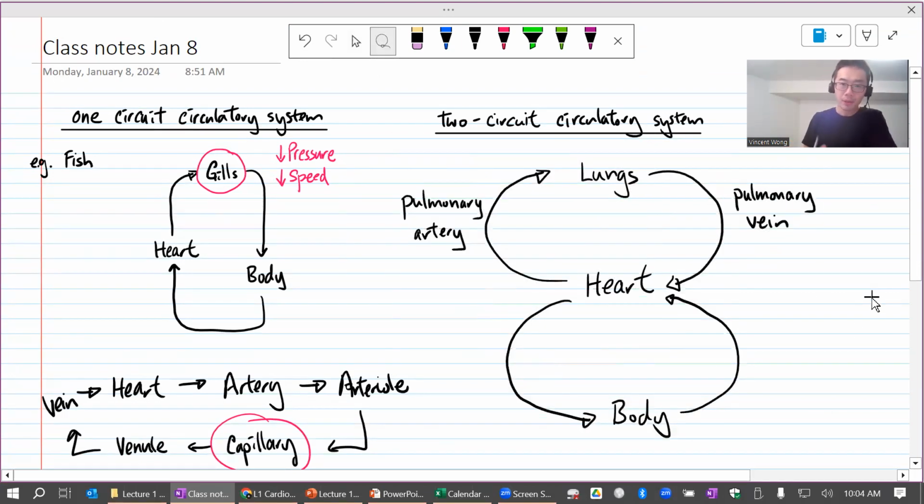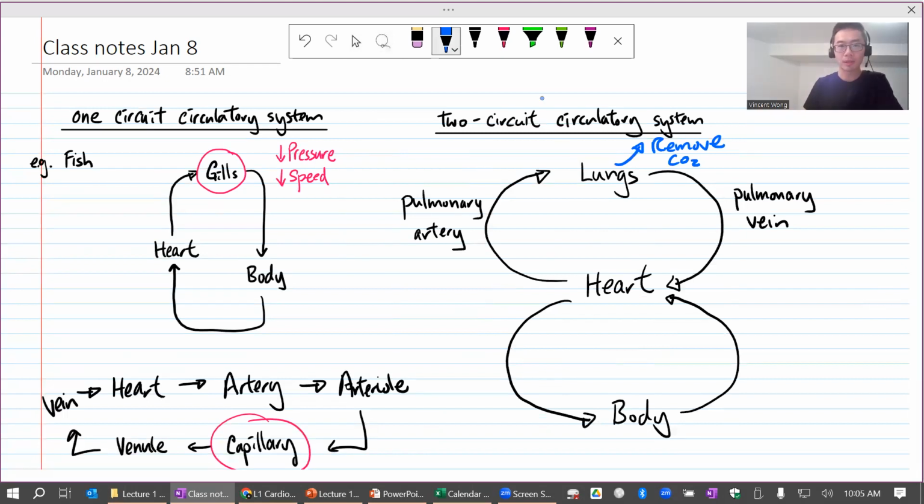So here, the heart is going to take the blood to the lungs, and the purpose is for reoxygenation. So we are gonna remove CO2 at the lungs. That's the waste product from cellular respiration, and we are going to add O2.